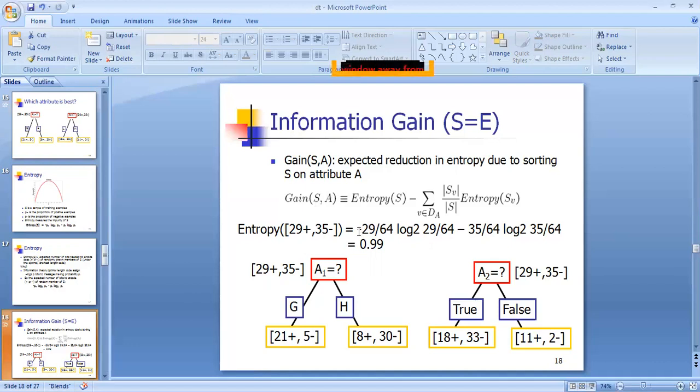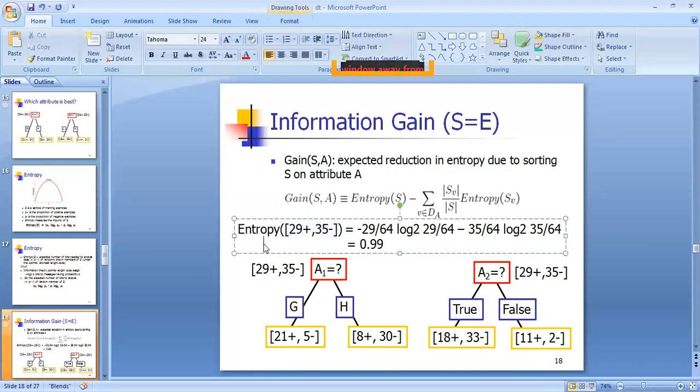That will be calculated as minus 29 divided by 64. What is this 64? It is the total: 29 plus 35 is 64. Kindly see how to calculate the information.